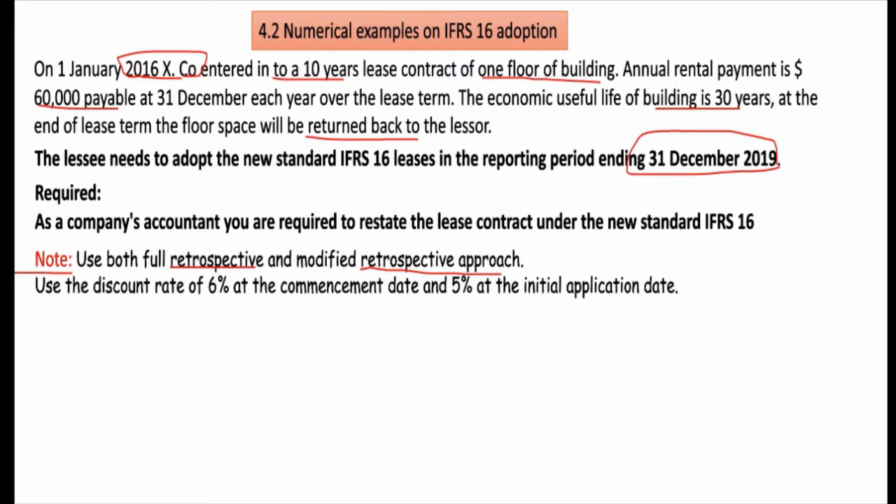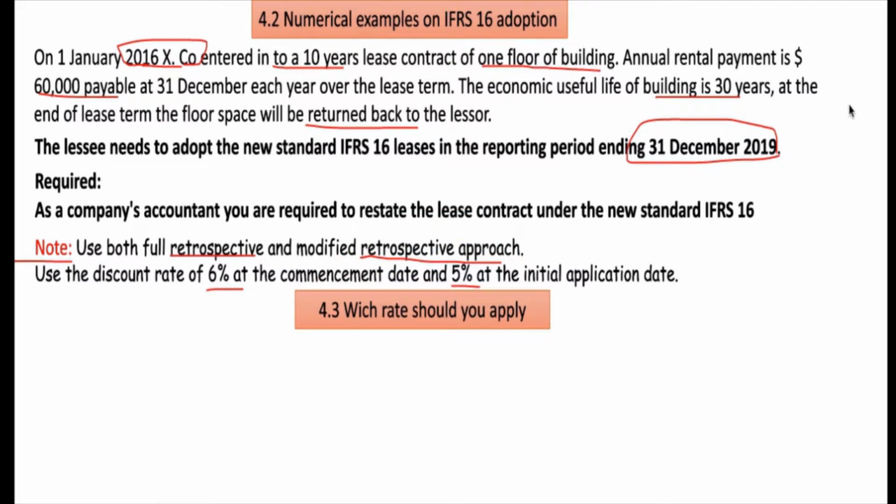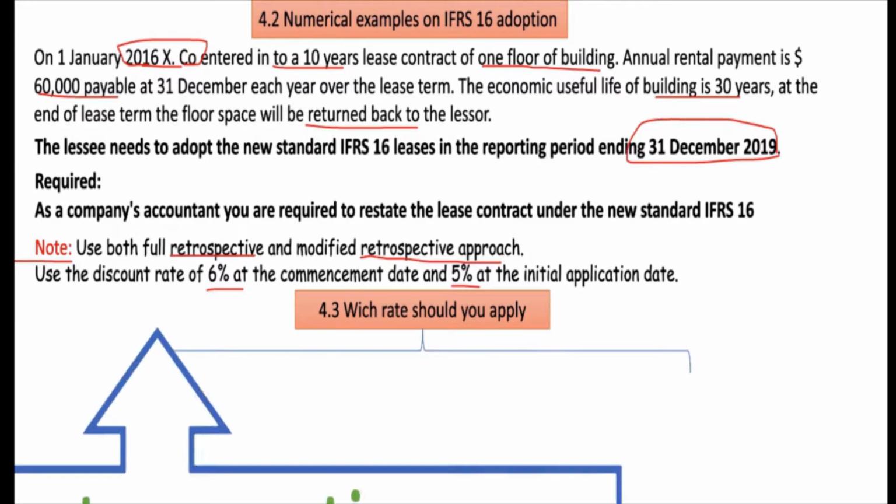Under the discount rate, we have been given the discount rate. It says to use a discount rate of 6% at the commencement date and 5% at the initial application date. We will talk a little about the discount rate. Which rate should we apply?